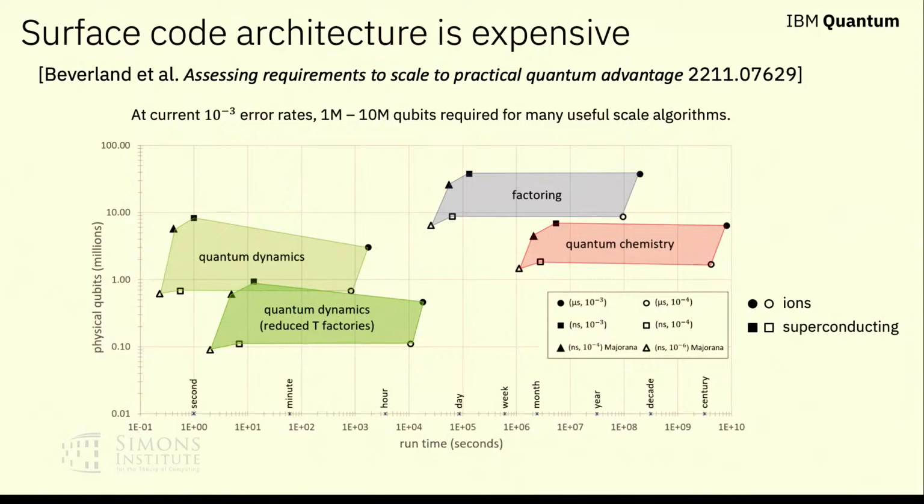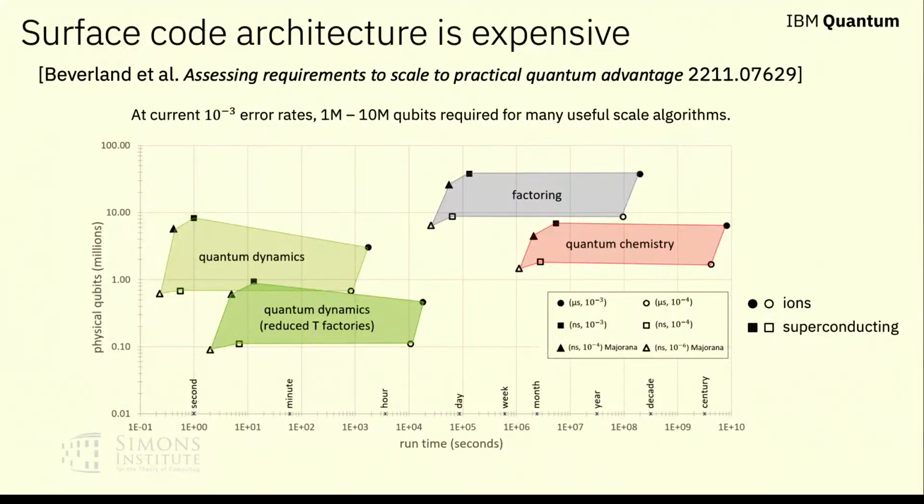Right. And I want to point out that this isn't just because of the RSA algorithm for factoring. There are a bunch of algorithms that we might be interested in. Factoring is just one of them. Chemistry, dynamics. And so this paper by Michael Beverland goes through these algorithms and provides these resource estimates using, again, the surface code.